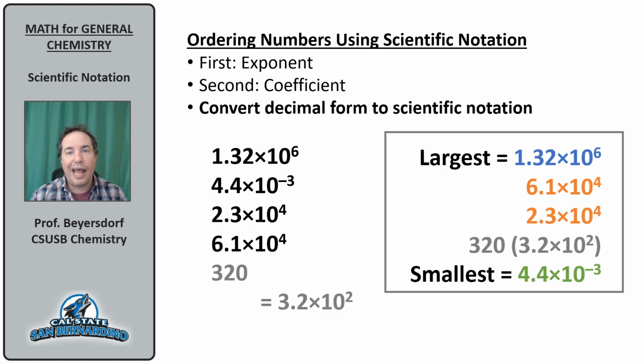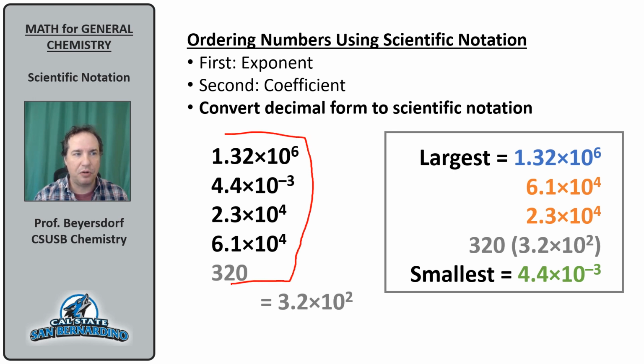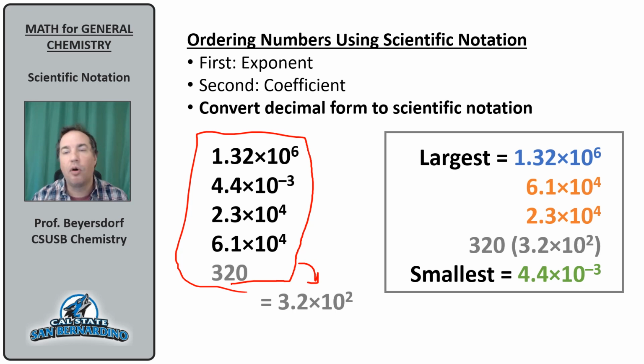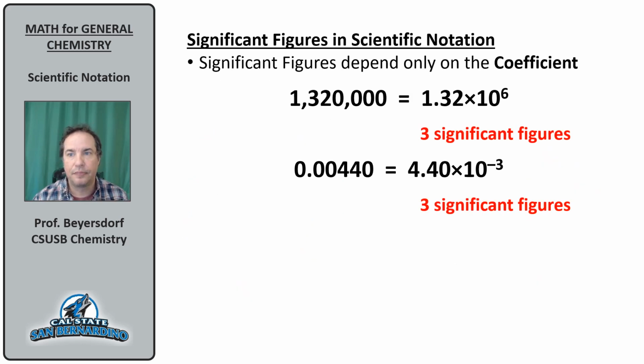Then we went ahead and we looked at ordering numbers in scientific notation. The key thing is that they all have to be in scientific notation or all in decimal form. Either way works, but you can't just take these numbers where some are in scientific notation and some aren't. You have to convert them all so that they'd all be in scientific notation.